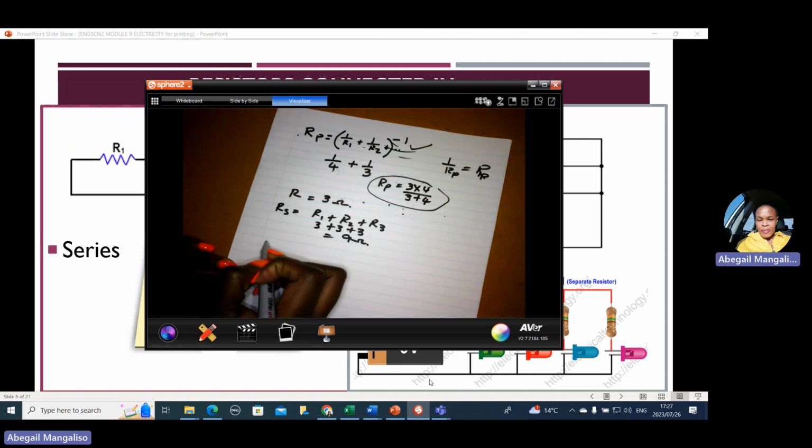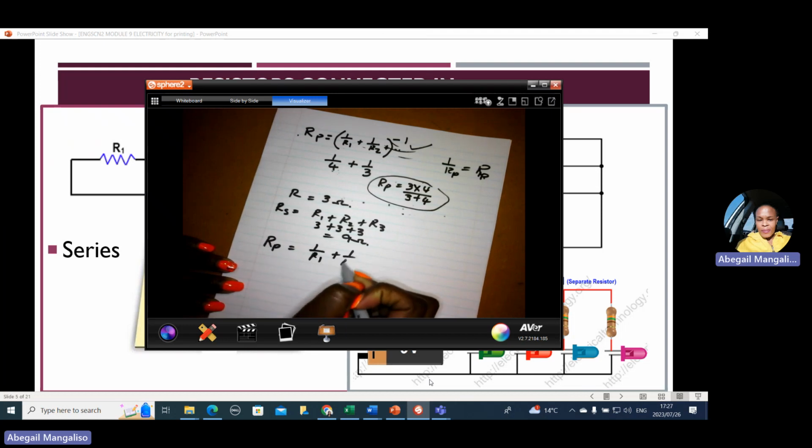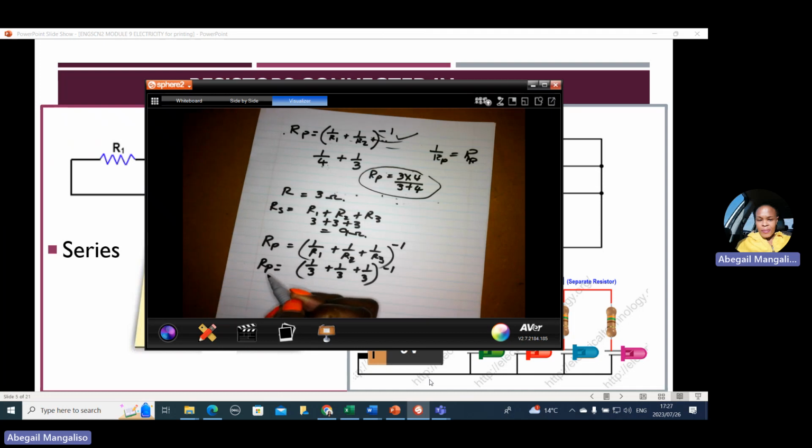But if they are parallel, Rp will be equal to 1 over R1 plus 1 over R2 plus 1 over R3, all to the power -1, which is the inverse of the parallel resistors. So this will be 1 over 3 plus 1 over 3 plus 1 over 3, all to the power -1, which is the inverse. Then you use your calculator to just insert as it is.